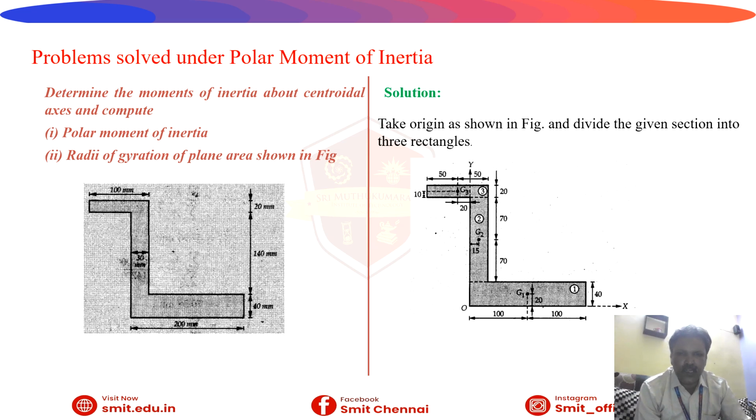We have to divide it into various sections 1, 2 and 3. Take the origin as shown in the figure and divide it into various rectangles. On the right-hand side of the slide, you can see the rectangles named 1, 2 and finally 3. We have different cross-sectional areas.